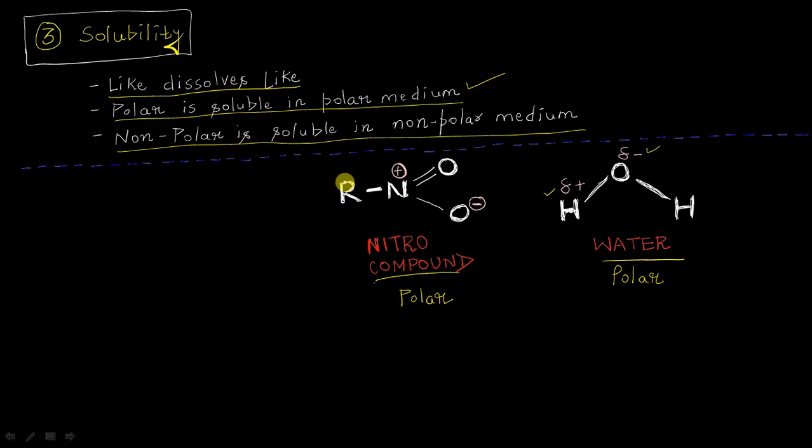But let me tell you one thing, it also depends upon what type of R group is present in the nitro compounds, because the nitro compound is not just this fragment here. It has to contain some organic part here like this, and depending upon what type of R group is present here, it will be affecting the solubility of that particular nitro compound in water. So let me start from here.